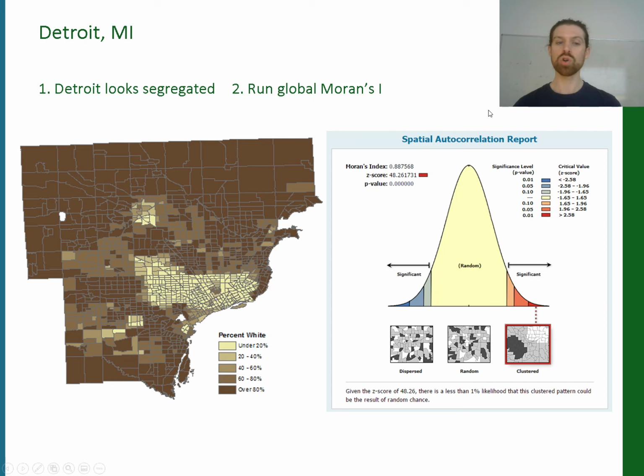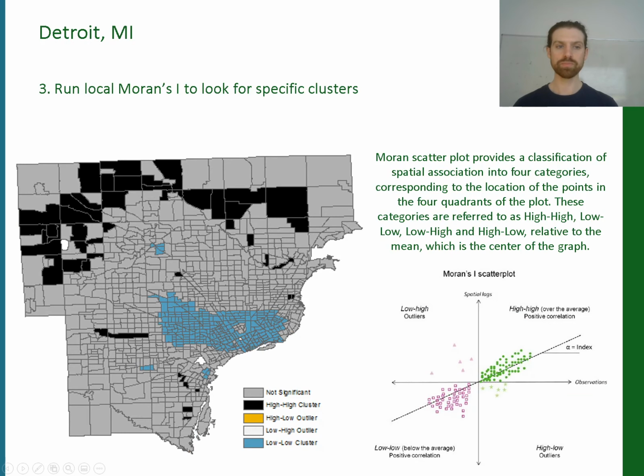Remember that 1 was perfectly clustered values, so this is incredibly strong. The z-score here is 48.26, incredibly high, so we had a p-value of 0.00000, highly significant results. Okay, so this is one way in which we're able to assess these different spatial patterns, in this case obviously with an incredibly strong level of spatial autocorrelation.